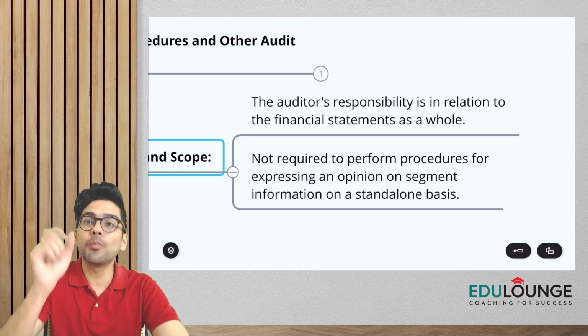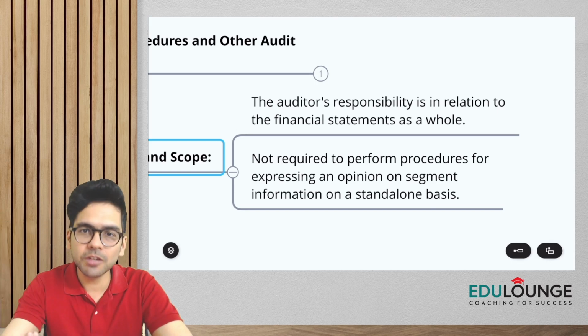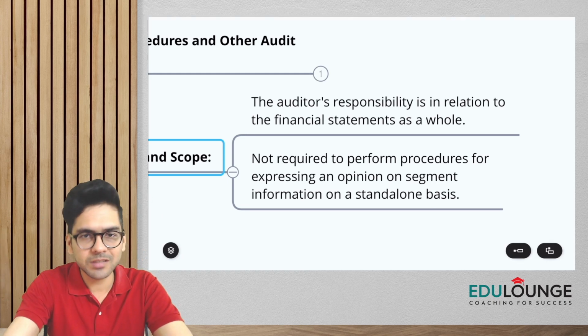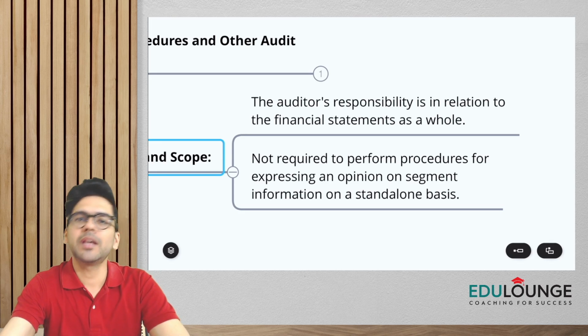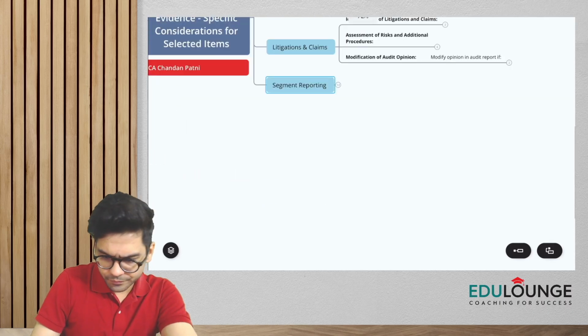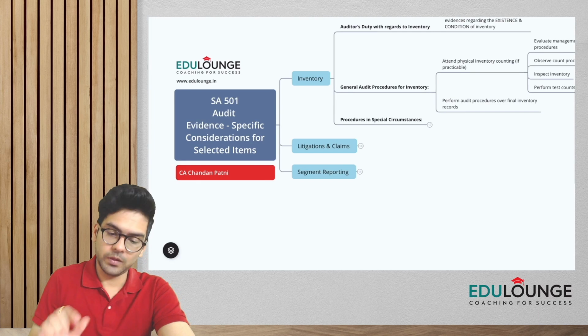We are not expressing an opinion on the segment information individually. Let's say there are four products, we are not expressing four opinions. We give an opinion on the entire financial statements as a whole, but we just have to see whether they have complied with AS17 or not. Yes, with this we have covered SA 501 as well.